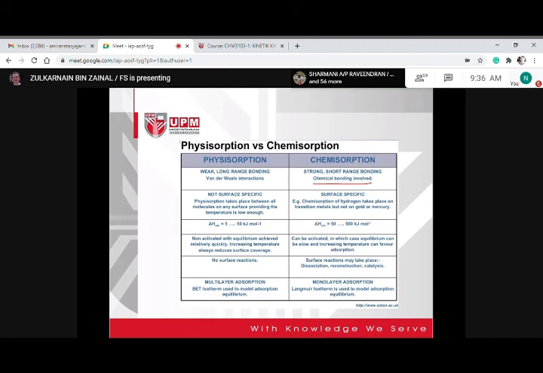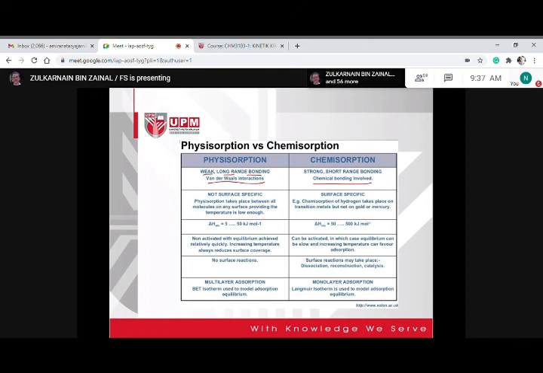While for physisorption, it is only weak, long range bonding, and normally it is in van der Waals form. Van der Waals interactions. If it's stronger than van der Waals, then it could be like a hydrogen bond, for example. Hydrogen bond, okay, that is also another type of interaction that can occur between the adsorbate and the adsorbent.